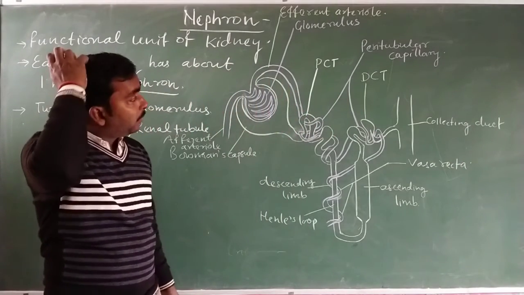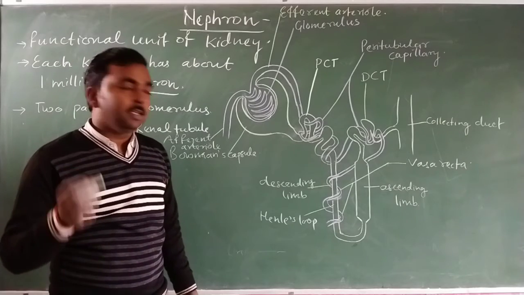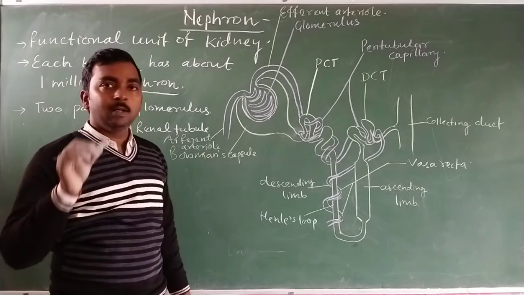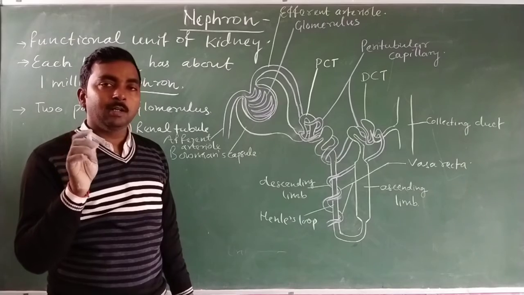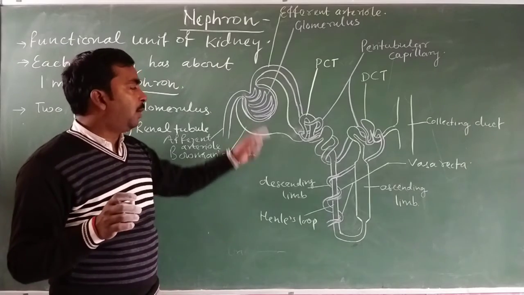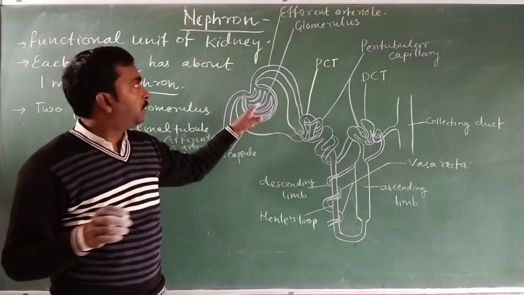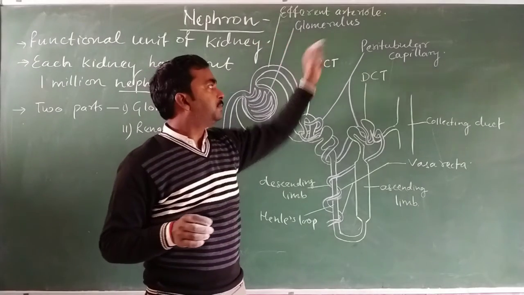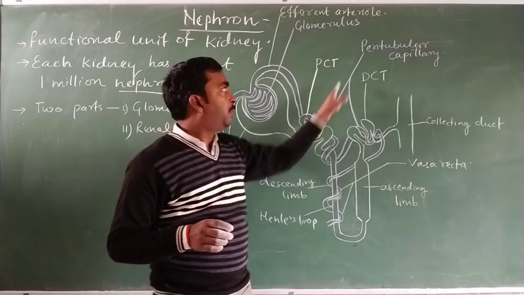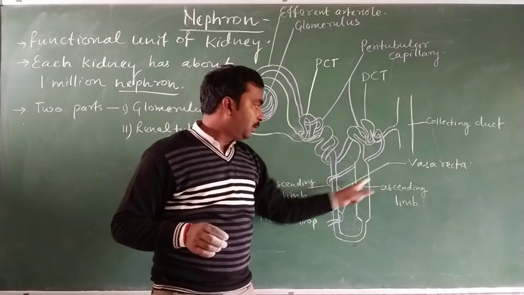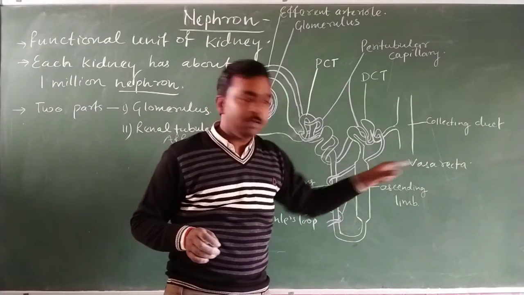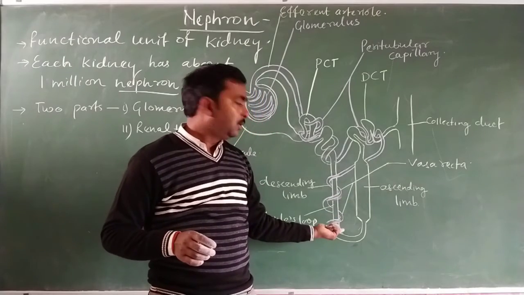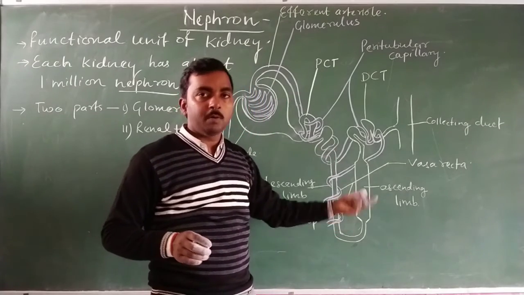So here in the diagram we can easily observe that there are three kinds of capillary formed in the nephron. The first kind of capillary is in the form of glomerulus, the second in the form of peritubular capillary, while the third, which is known as vasa recta, is along and parallel to the loop of Henle.